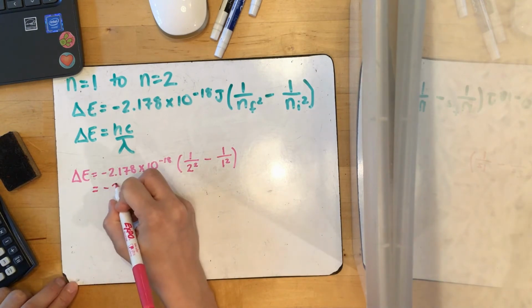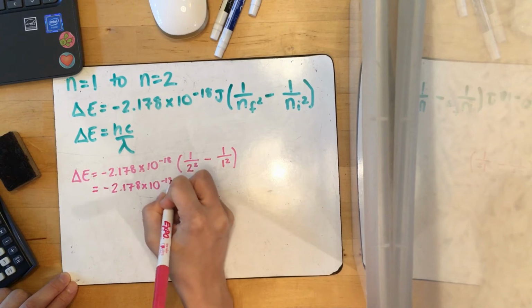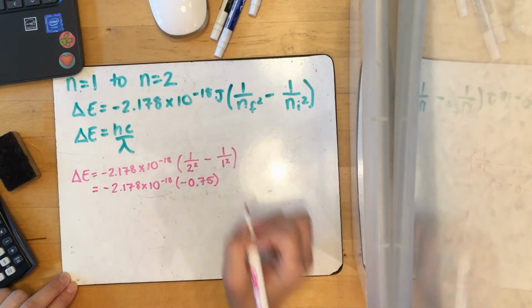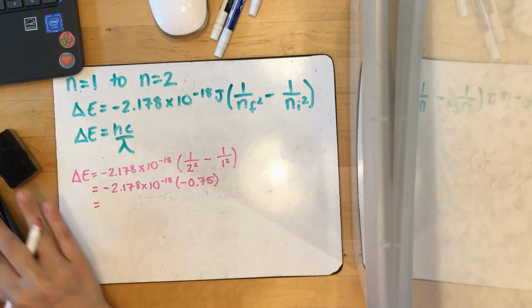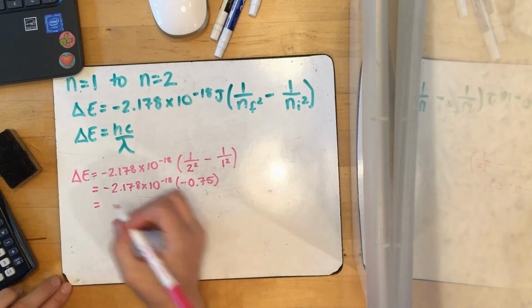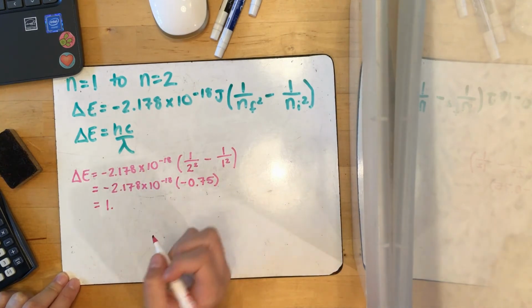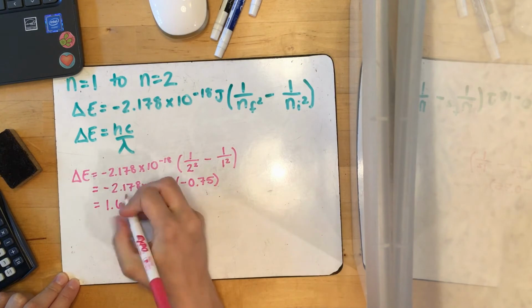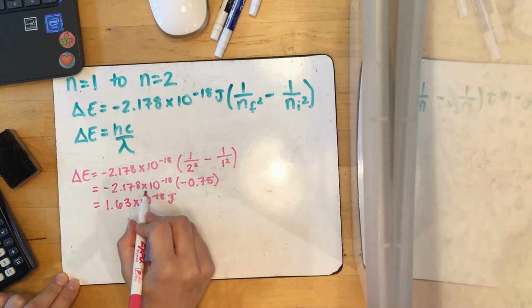So we're going to end up with this constant times negative 0.75. And so the energy required is 1.63 times 10 to the negative 18th joules.